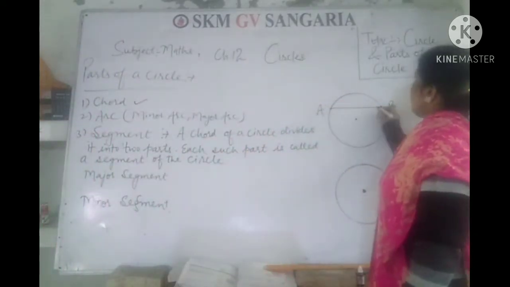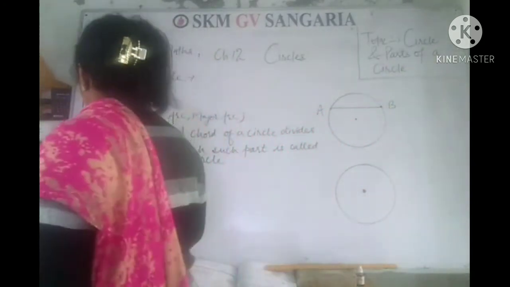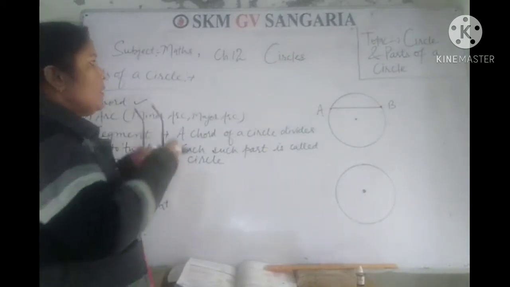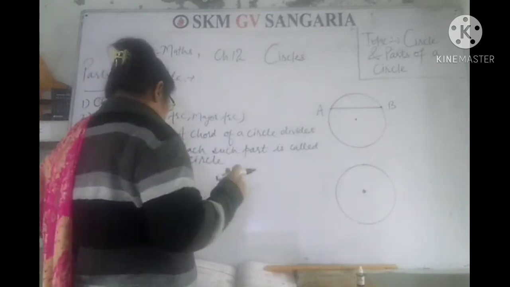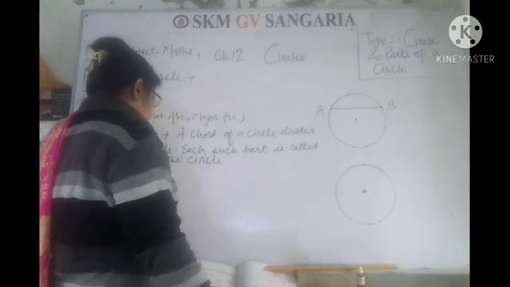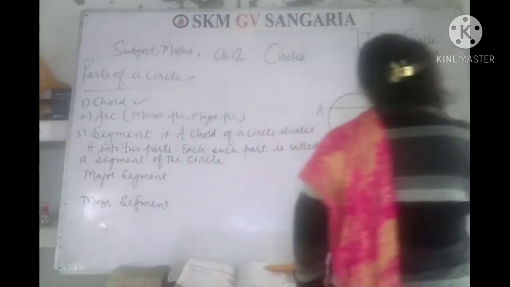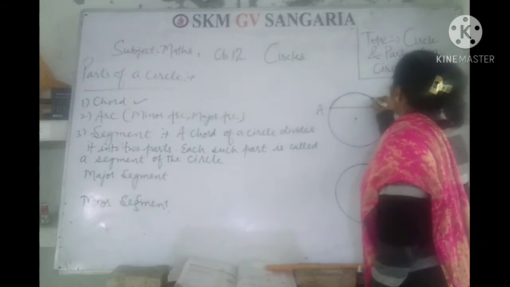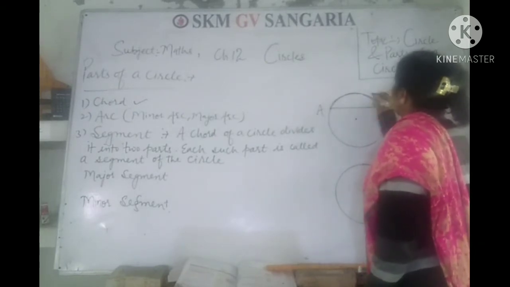Then I have taught you about arc, minor arc and major arc. An arc is the set of the points on the circumference of the circle.